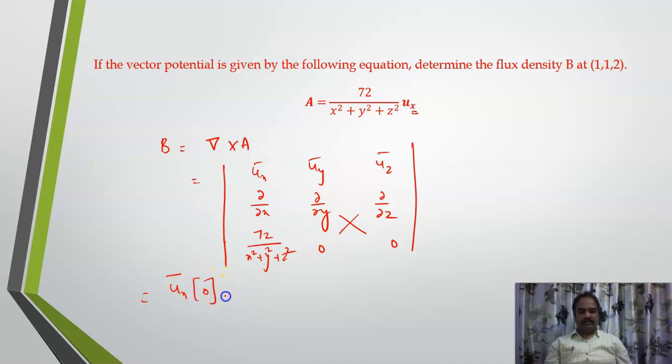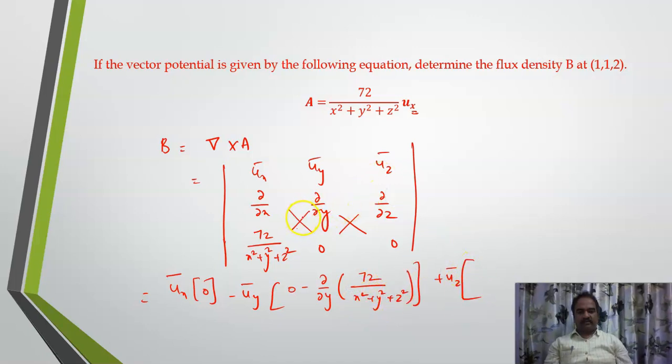So if you do it, ux component, this is ux component 0, minus uy, 0 minus dou by dou z of 72 by x square plus y square plus z square, plus uz component, which is 0 minus dou by dou y of 72 by x square plus y square plus z square, isn't it?